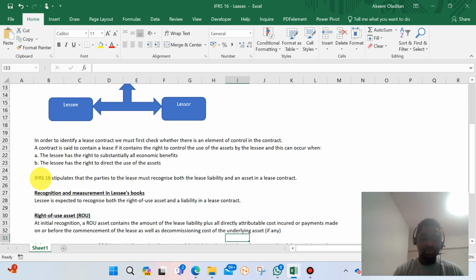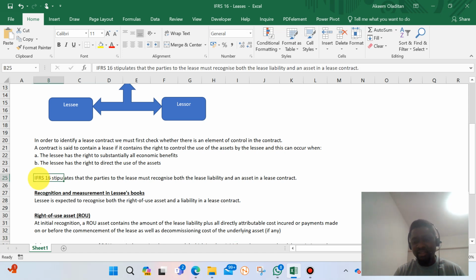What I'm trying to say here is that there are two things. You can have a contract for less than 1 year to lease maybe land, maybe 6 months, or the value of the lease is considerably low. The standard, IFRS 16, states that recognizing a lease liability and an asset on the use of that asset should apply to a considerably longer contract, maybe 1 year or more, and the value should also be material.